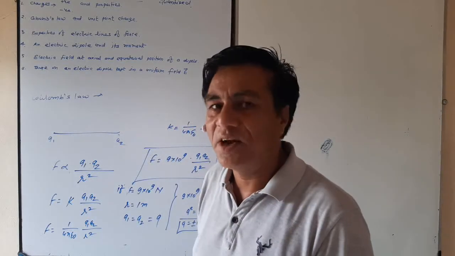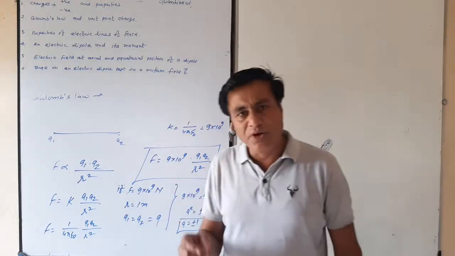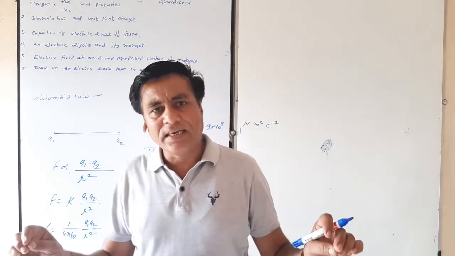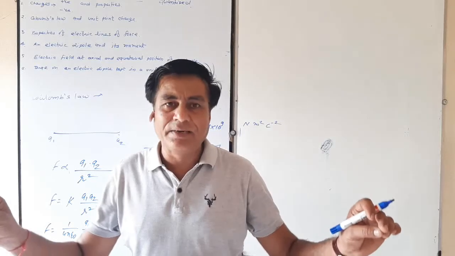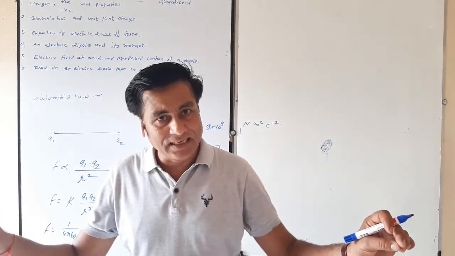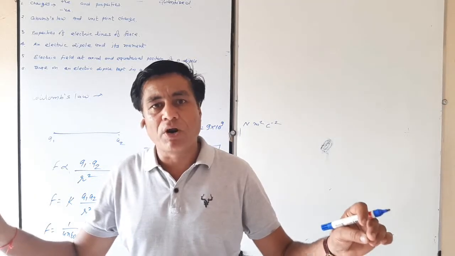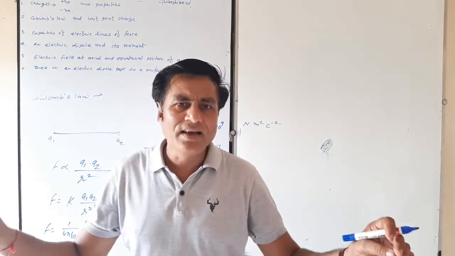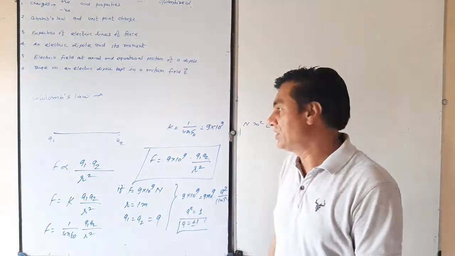That is the definition of unit point charge. Again, I am repeating. What do you mean by unit point charge? If same point charges are kept in air separated by 1 meter from each other, and they repel by 9 cross 10 to the power 9 Newton force, then either of those charges can be known as a unit point charge.